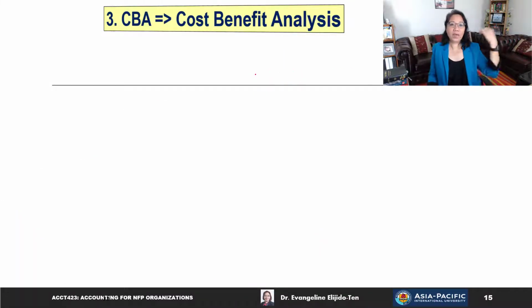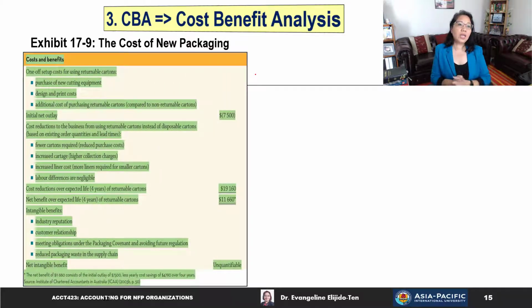So we have had the first analytical tool as the identification of environmental cost, then we've got life cycle costing as the second, then we go to the third, CBA, cost benefit analysis. Here in exhibit 17-9, the cost of new packaging has been analyzed according to its costs and its benefits.